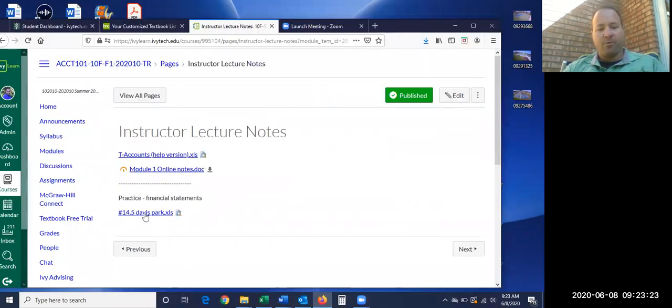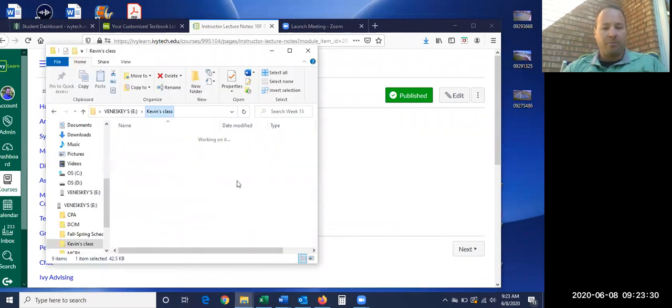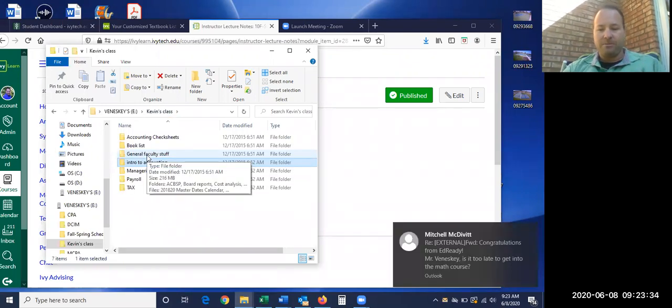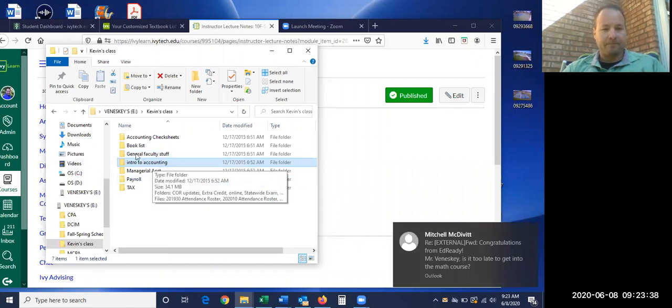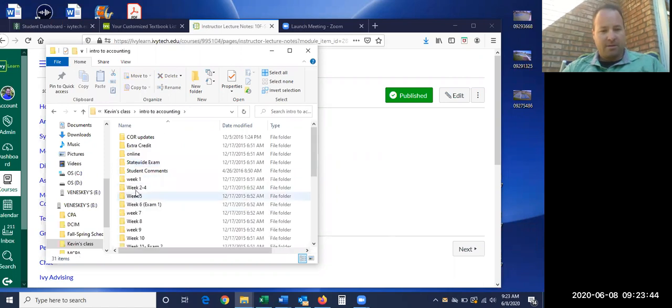Go in here into the 14.5 Davis Park. And we're going to prepare the three financial statements, the three main ones. All right, I'm going to pull up that 14.5 example.